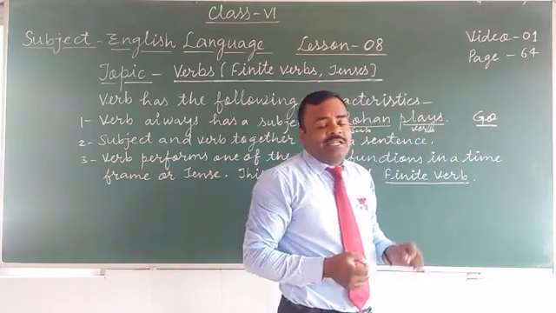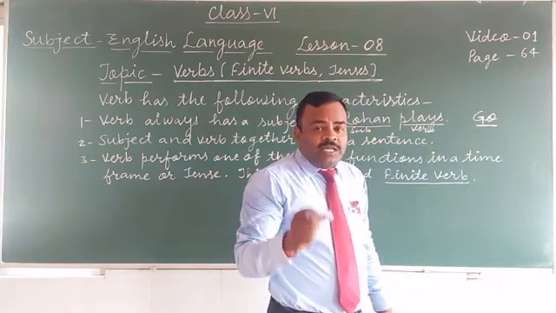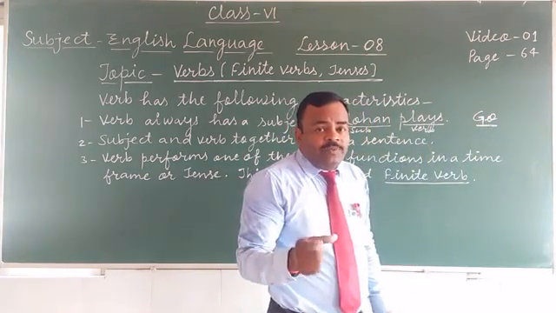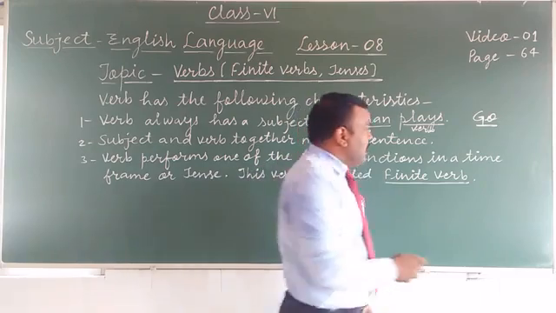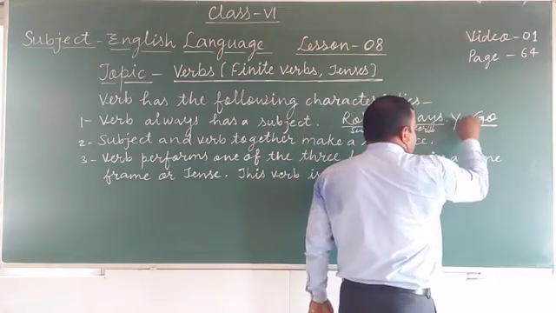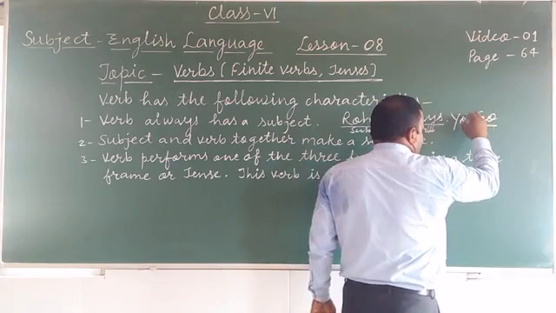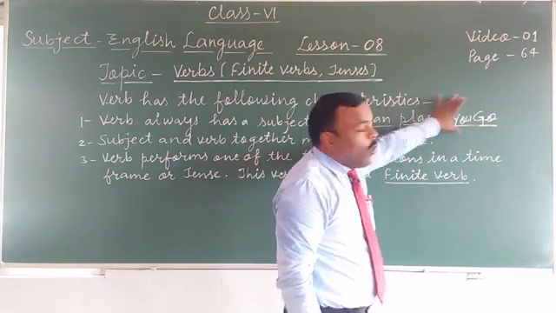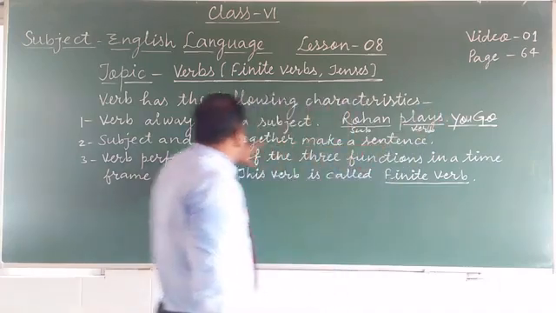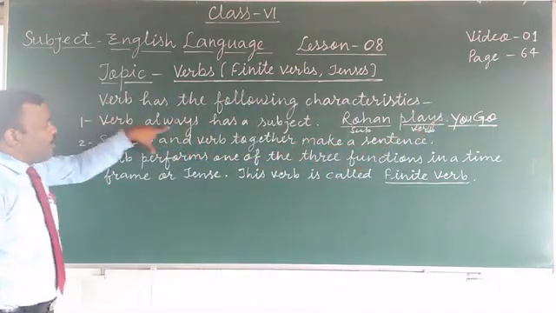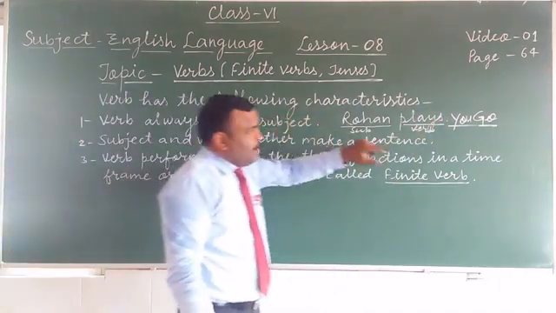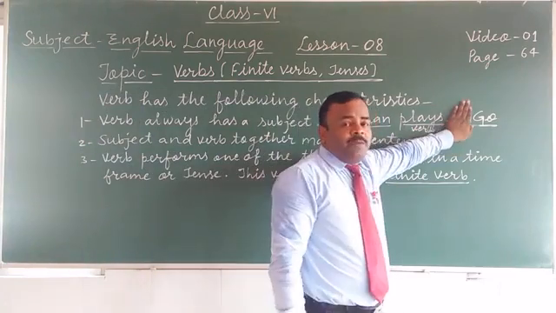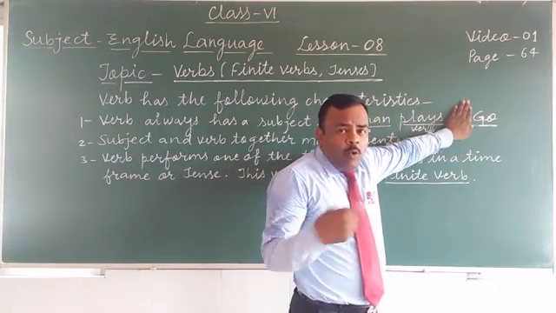And in imperative sentences, the subject is always you and it is understood. Understood means you is understood. We don't speak you. It means here you go. So here the first point says verb always has a subject. But suppose you only speak go, move.